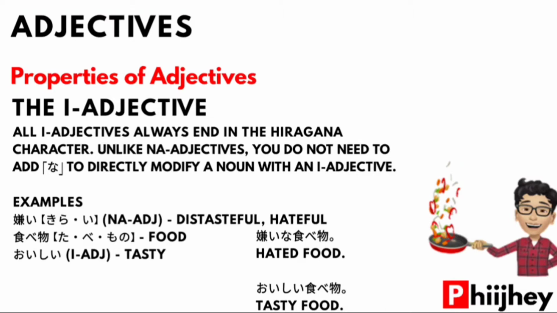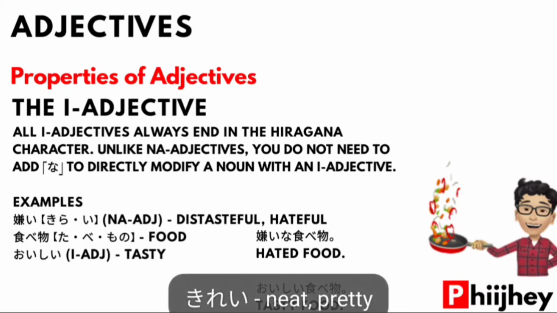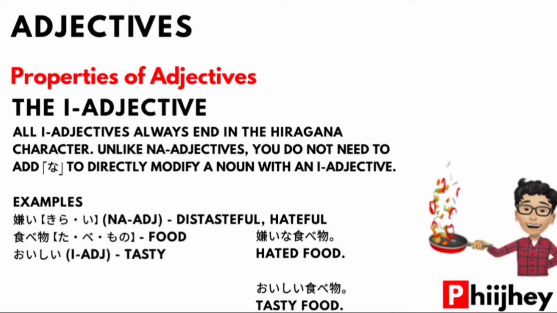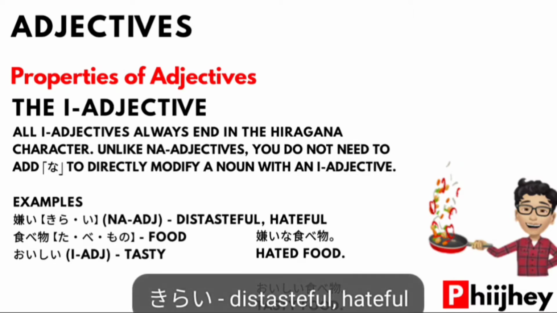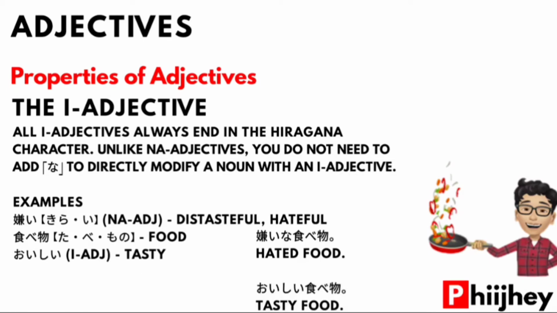Two most common include kirei and kirai. Almost all other na-adjectives that end in i are usually written in kanji, and so you can easily tell that it's not an i-adjective.